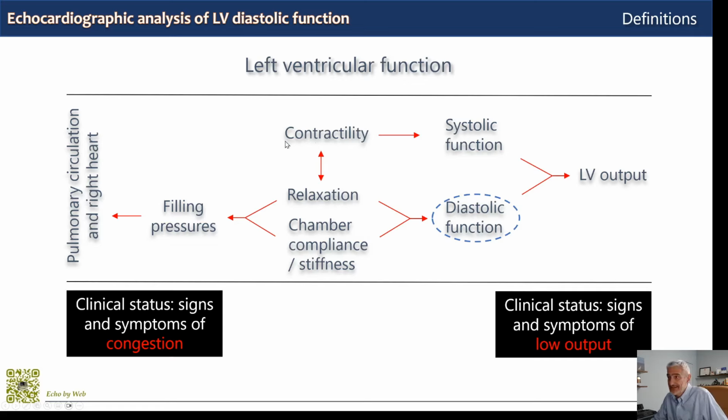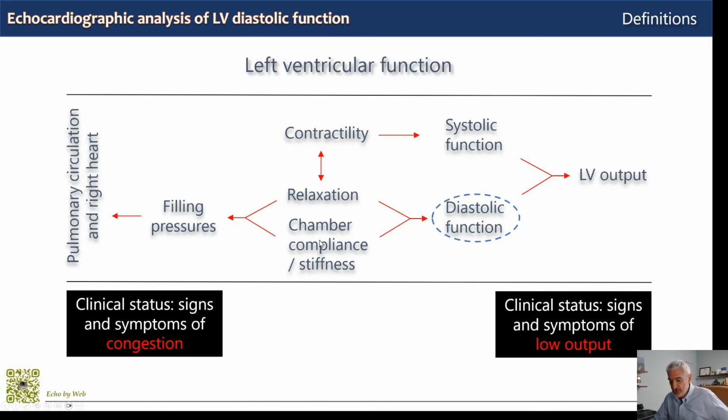Whereas in diastole, when you analyze diastolic function, you have two independent main determinants of diastolic function. So analysis is quite difficult because the two determinants interact. Also, contractility and relaxation are closely connected because they are like two sides, as I said, of the same coin. Both are energy ATP dependent.